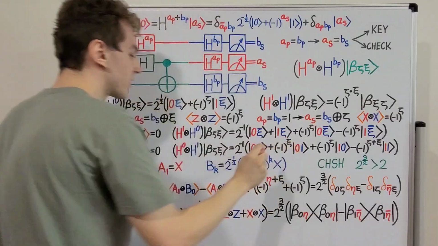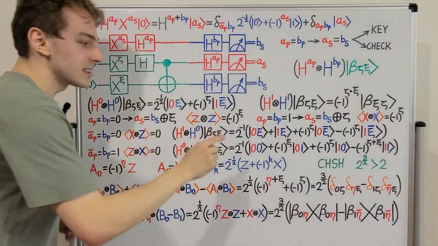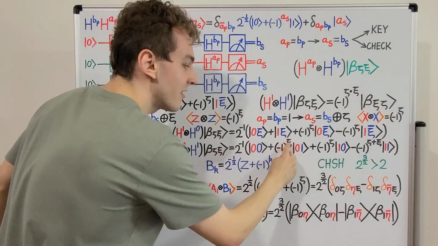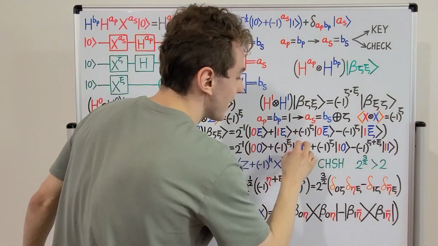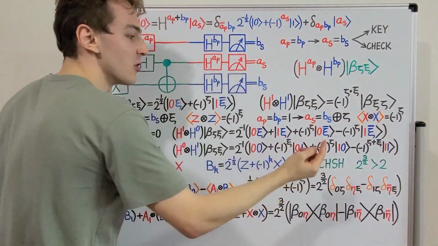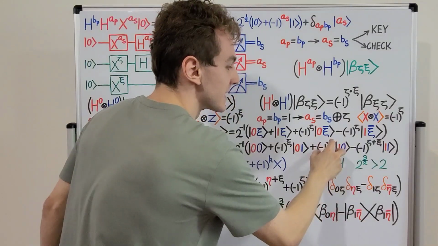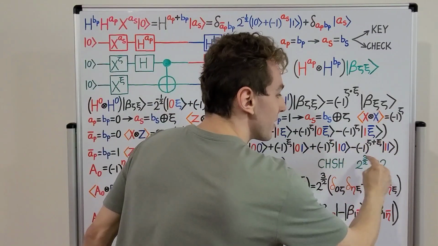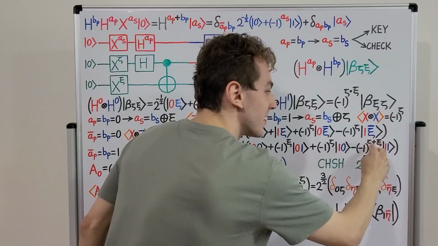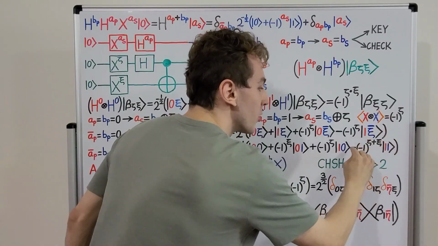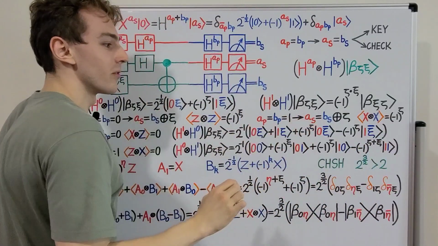That means the value of xi over here controls whether we have a plus sign or a minus sign multiplying this state over here. And over here, the value of zeta is controlling the sign. And in this case over here, we have a more complicated relationship. Here we have the sum of zeta and xi controlling whether or not this minus sign gets switched off.